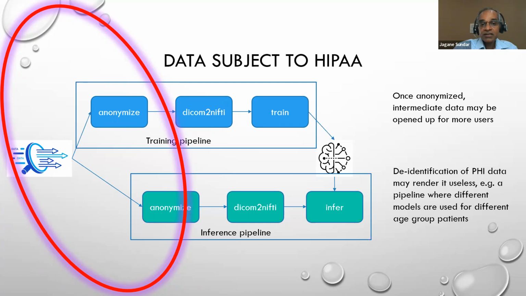So the end result is that if you have such a sophisticated AI pipeline, you may not want to anonymize completely to the standards required by regulation, but you may want to control access, because at that point, the anonymized, DICOM to NIFTI, and infer stages all have access to PHI data, and they must be access controlled very tightly to ensure that people don't access data that they're not authorized to access.